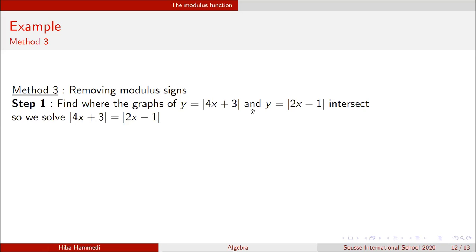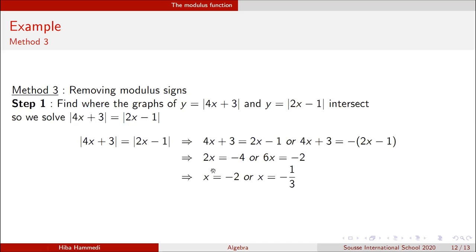These are the critical points. Doing that, I get that the two solutions are x equal to -2 and x equal to -1/3. So the first step is to solve the equality as if it were not an inequality and get the two critical values. First step is done.